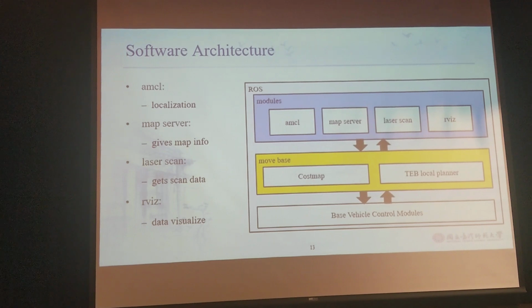Map server reads the map, then publishes map information to the robot. And laser scan reads the scan information, which is current environmental information. RViz makes the robot easy to observe. Move base will send the velocity command, which is according to the result of COSMAP and TEB local planner, to base vehicle control modules.